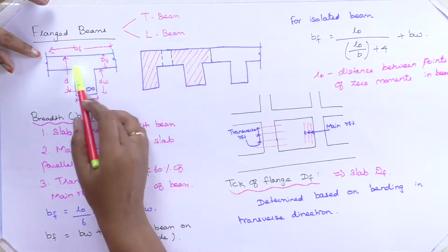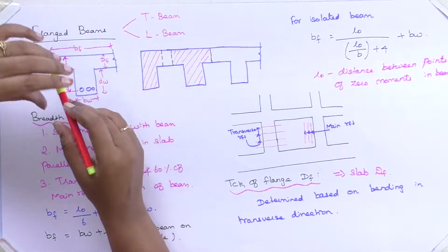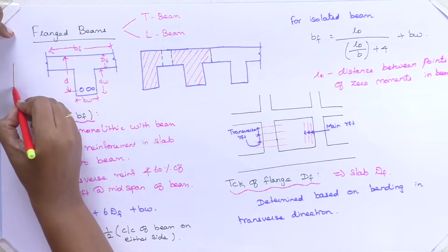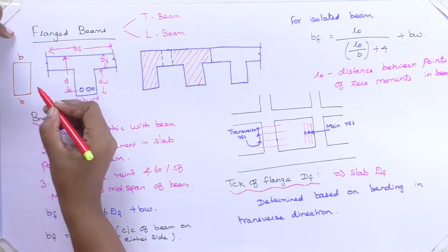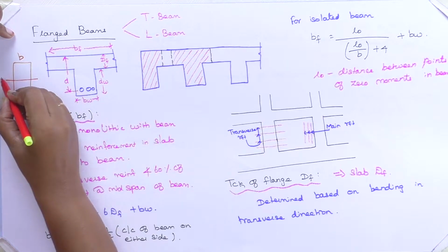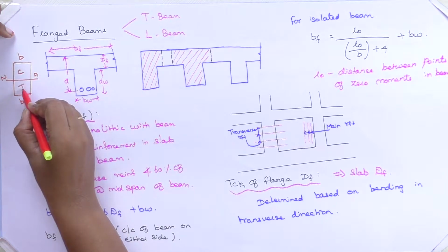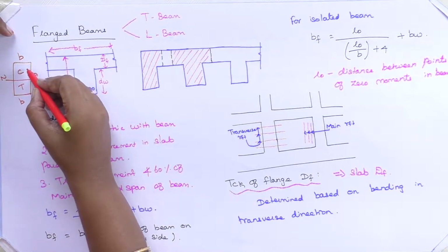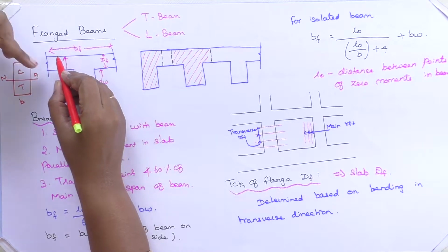I have drawn a picture of my T-beam first. This is my breadth of the flange, whereas the rectangular beam has the same breadth at the top and the bottom. Above the neutral axis the compression is taken care of by the concrete, and the tension is taken care of by the steel. As the compression is taken lightly by the concrete, you can reduce the depth and enlarge the breadth.